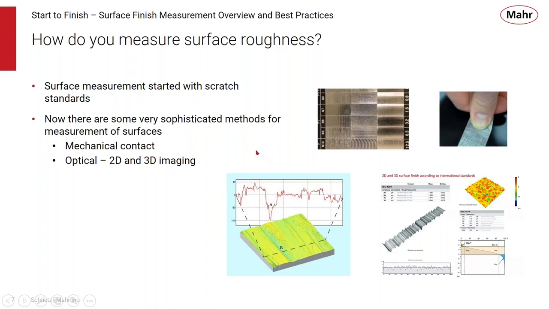And now there are even some very powerful and important optical imaging systems, whether 2D or 3D imaging, that can give you a surface area measurement for roughness or for profile, and which can correlate very well to the mechanical contact methods. So, primarily today's way of doing surface roughness is with mechanical contact, but optical systems are becoming more available.